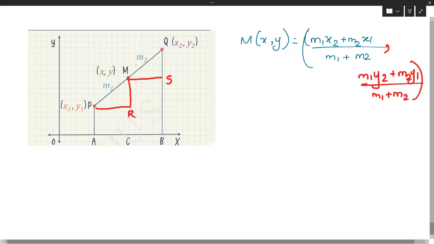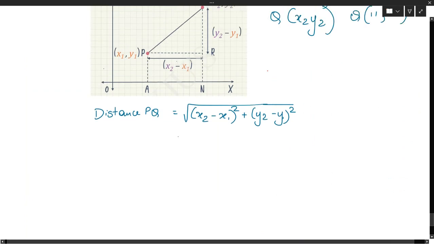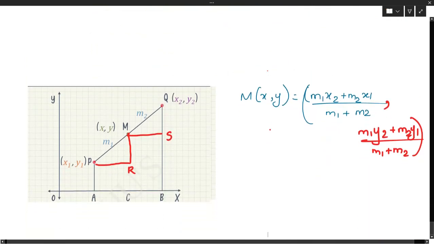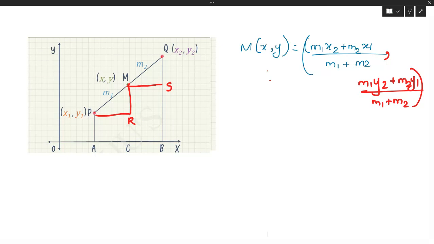Once you get that, we can substitute that value m1 upon m2 here and find the answer. Clear? But most of the time it would be given in the question. If not, then we can use the distance formula here. Sorted?